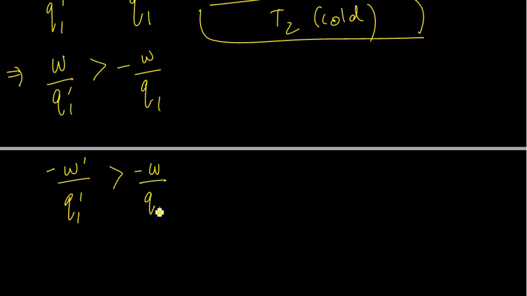But what's the total amount of work done? The total work output from this engine is actually 0. Whatever work is being done by the Carnot engine is being taken up by the other one. So W prime, the work being given out, is equal to W.